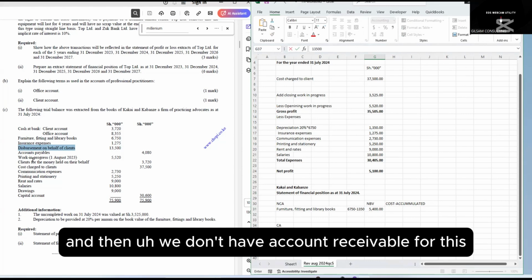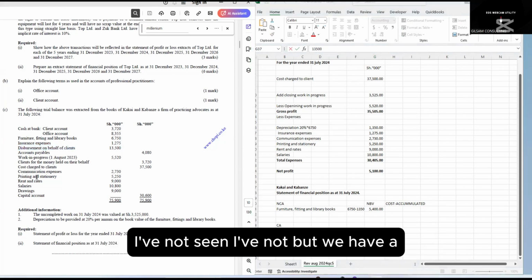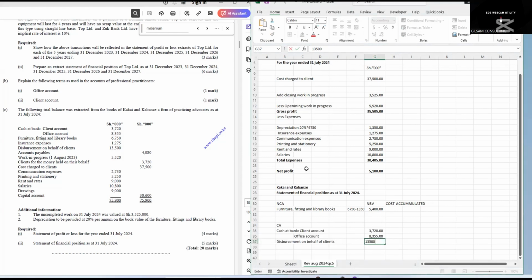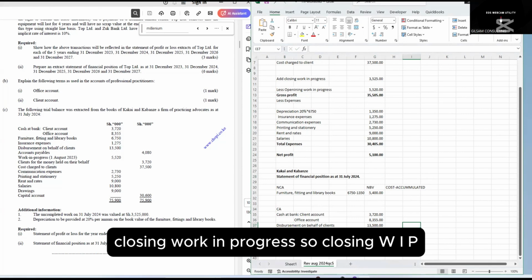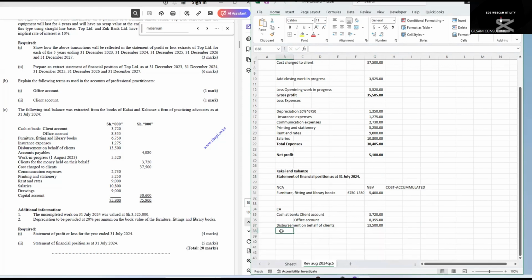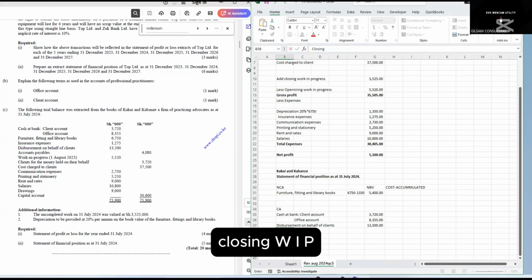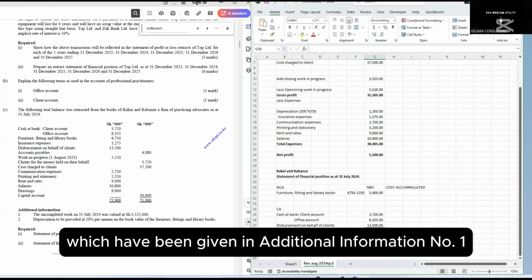And then we don't have accounts receivable for this. I've not seen it, but we have closing work in progress, closing WIP, which we have been given in additional information number 1.